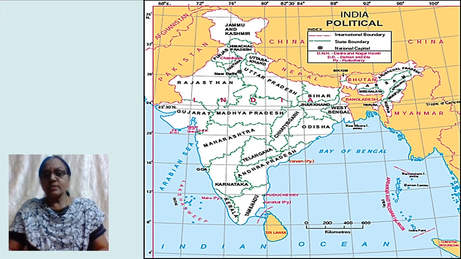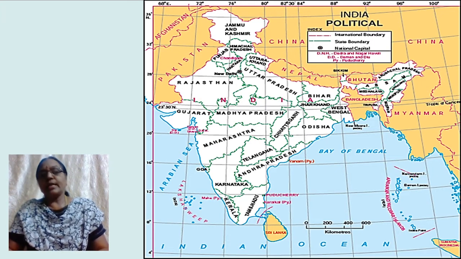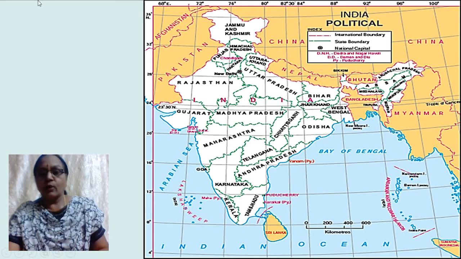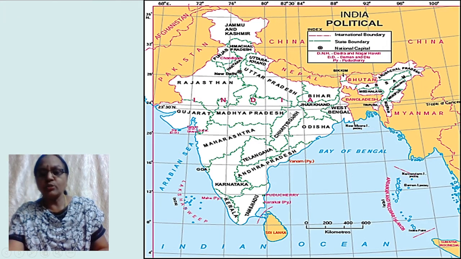Next, you'll have to remember the Indian Standard Time. The Indian Standard Time is 5.5 hours ahead of GMT. Now, the Indian Standard Time is based on this longitude. Can you see this? This also you'll have to remember.